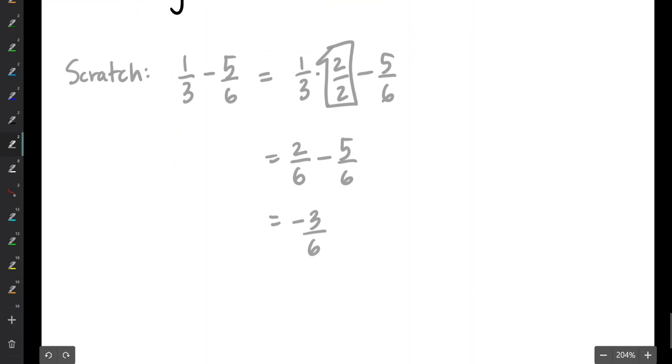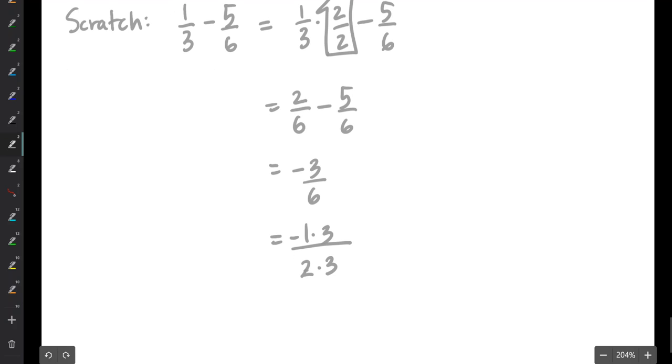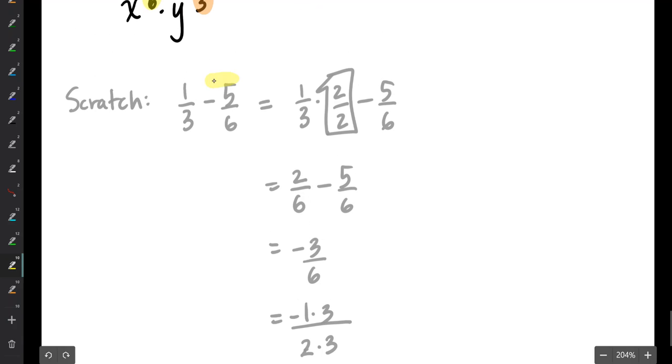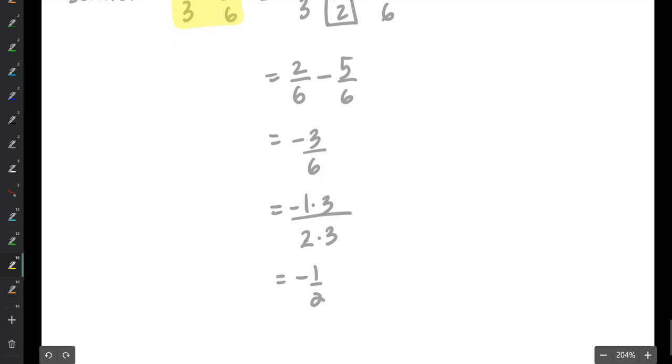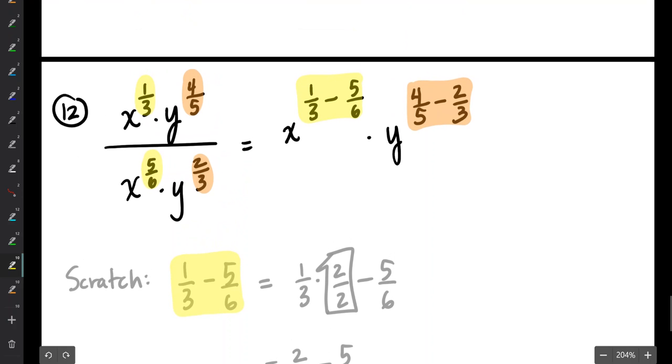Common factor of 3 there. This simplifies to minus 1/2. So 1/3 minus 5/6 is minus 1/2. So I know that I've got x to the minus 1/2 power there.